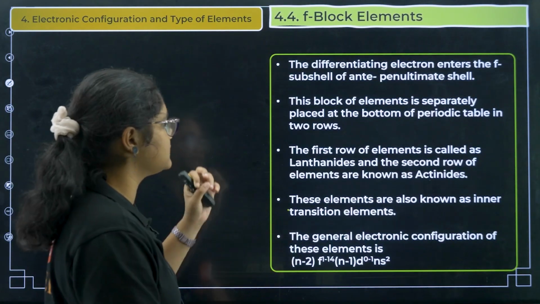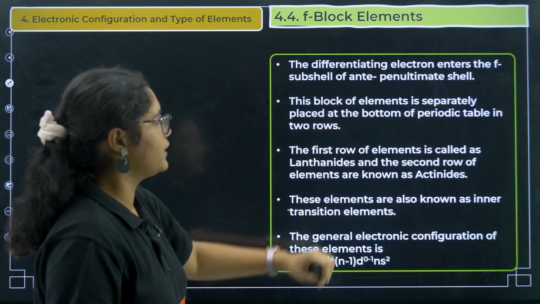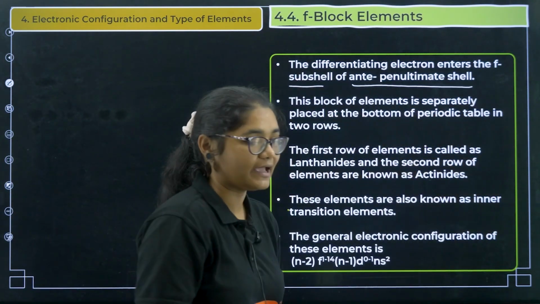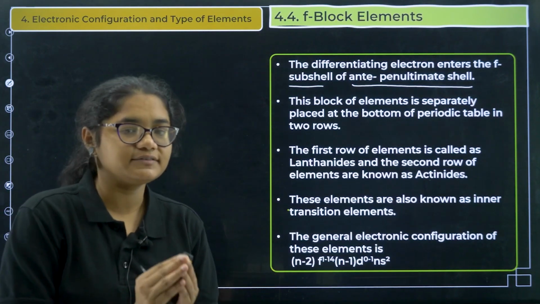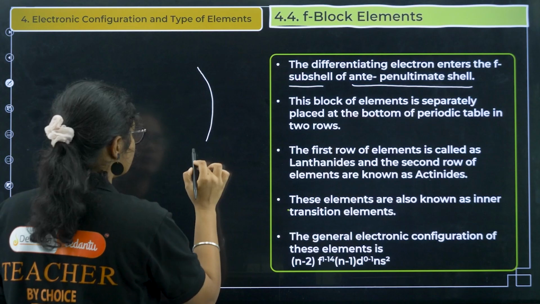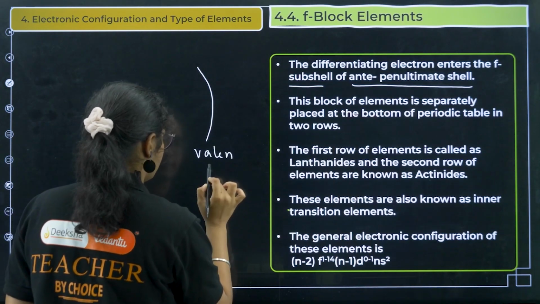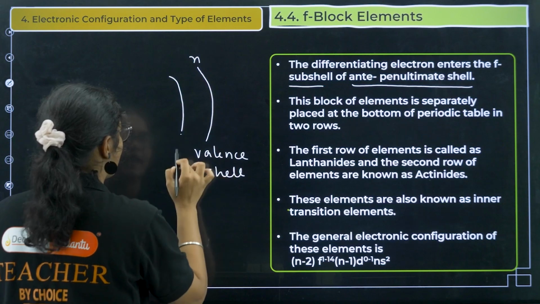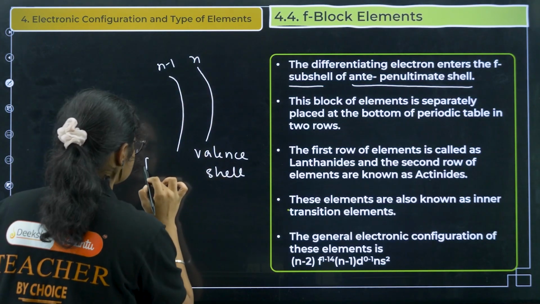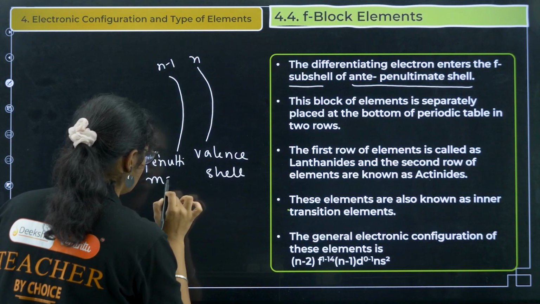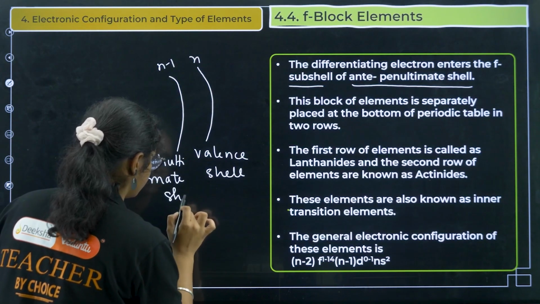F block elements are those where the differentiating electron enters the f subshell of the anti-penultimate shell. Now see, what is this anti-penultimate shell? The outermost shell is called the valence shell, the n shell. The n-1 shell is called the penultimate shell.